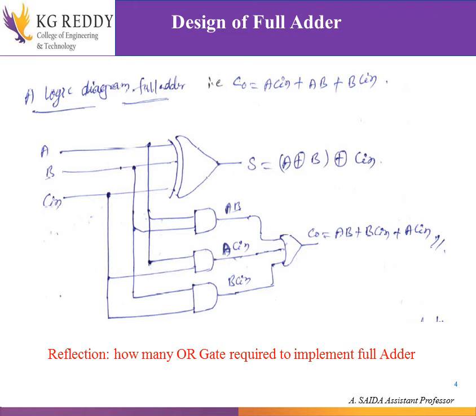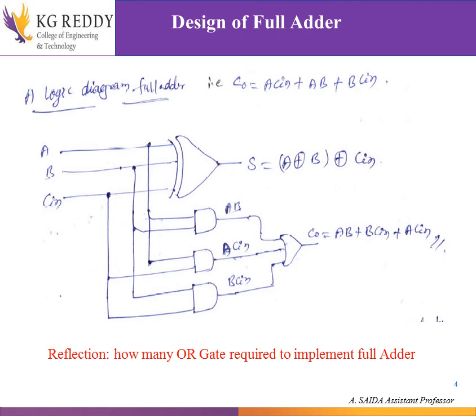We have designed the carry output as AC plus AB plus BC. So we have 3 AND gates, AB, AC and BC, and one common OR gate. The three AND gate outputs are added together to perform the carry operation.